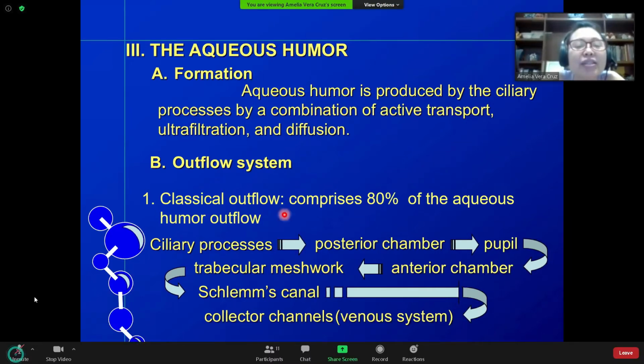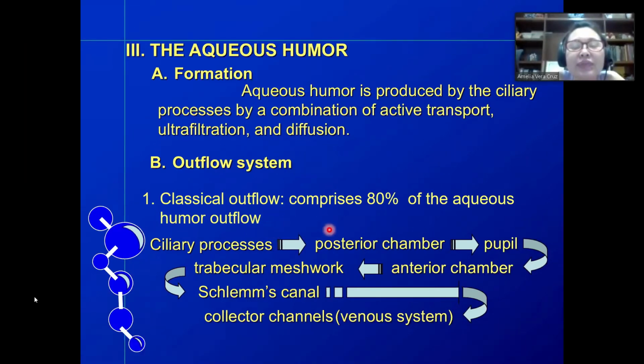So, the outflow system, this is the classical outflow. Okay. 80% of your aqueous drains through the classical outflow system. The outflow system will be like this. From the ciliary processes, your aqueous humor will be produced.